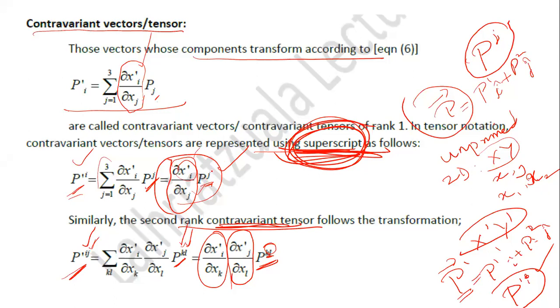Since only one index is sufficient to represent the component of the velocity vector, it is a contravariant tensor of rank 1.